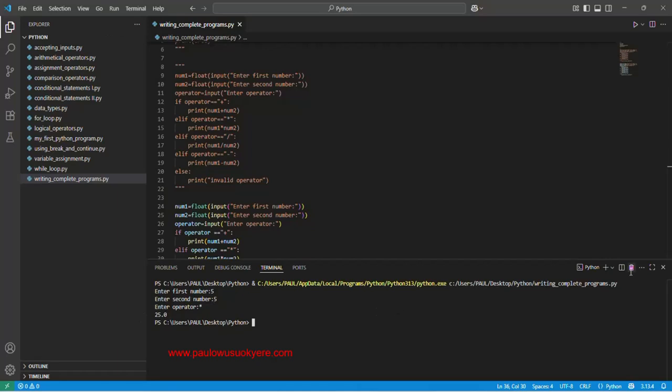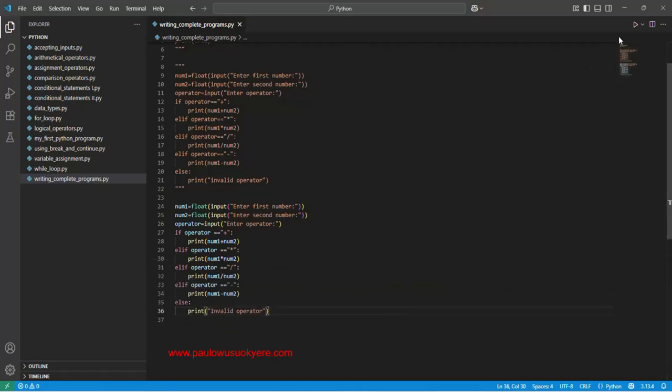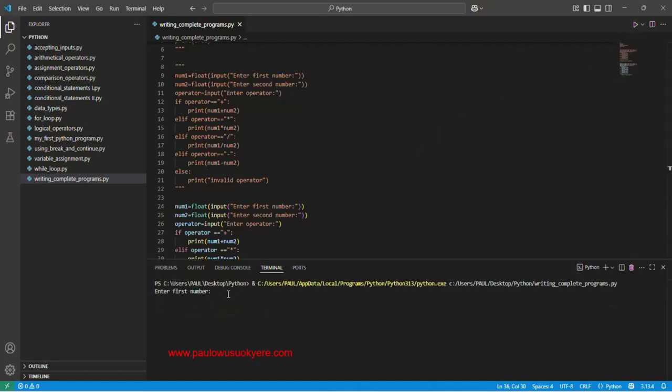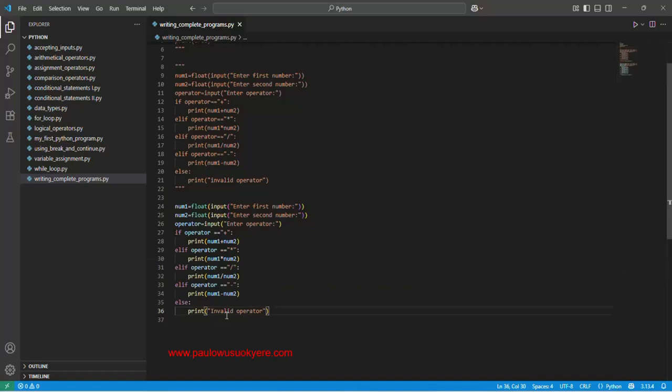I call the terminal and then run it for the last time. Enter first number 10, enter second number 5, enter operator minus, which is subtraction, and you press enter. So the answer is 5. So this is a complete calculator program.